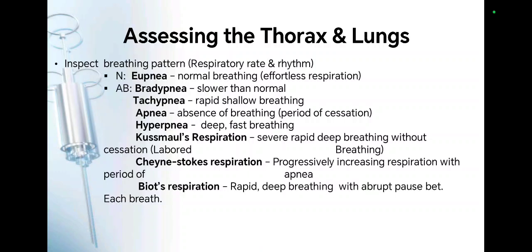So again, I would like to reiterate that the pattern and rate are different. The rate can be normal, however, the breathing pattern of the patient can be abnormal. Let's say they have a respiratory rate of 20 cycles per minute. That's normal, right? However, the pattern is abnormal.